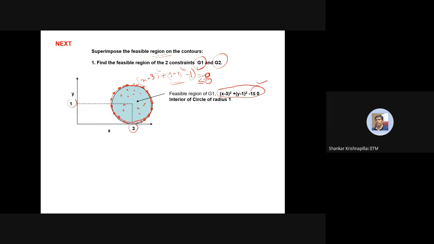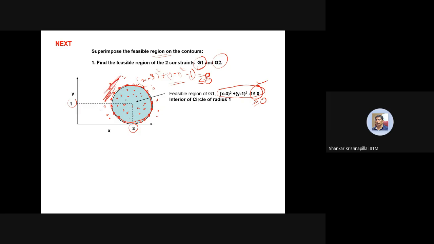So our constraint says that every point should satisfy the equation such that (x minus 3) whole squared plus (y minus 1) whole squared minus 1 should be less than or equal to 0. This means that all the points are inside the circle. And suppose the constraint says it should be greater than or equal to 0. That means the point should lie outside the circle.